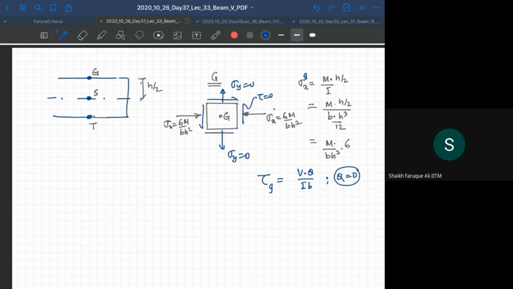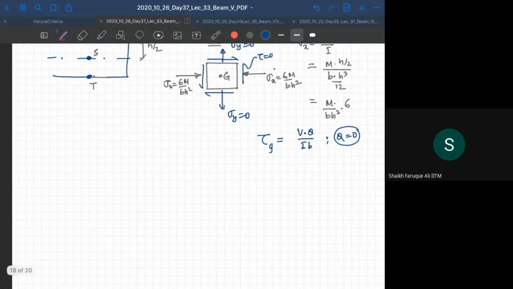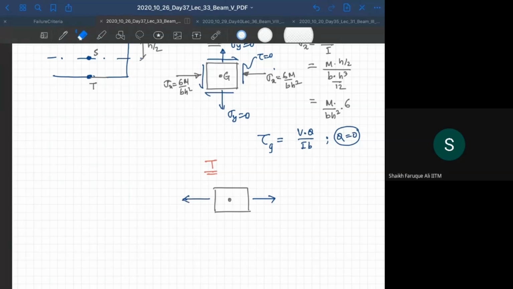Now let us look at T. T is going to be same as G because it's just a mirror point. Only thing is your normal stress is going to be tensile now. Thanks for being so attentive.